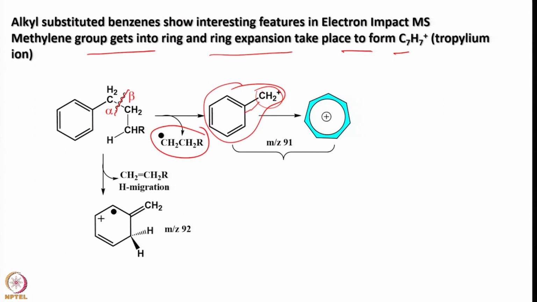So the tropylium cation has mass to charge ratio 91. On the other hand, through hydrogen migration we get the benzylium radical here.